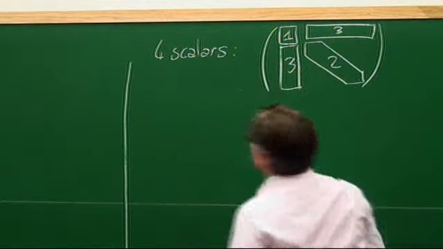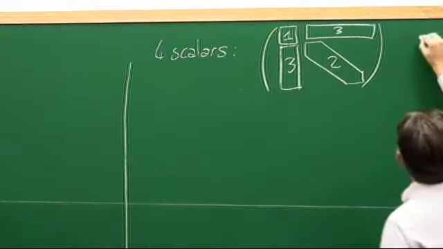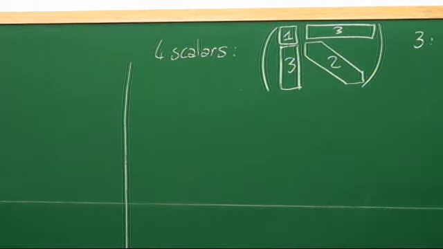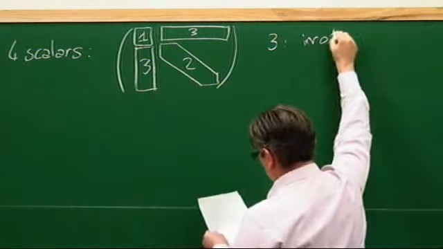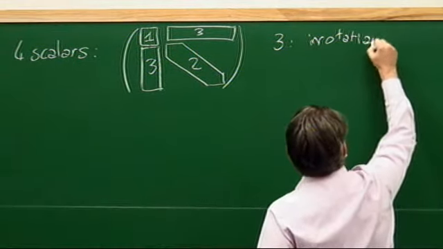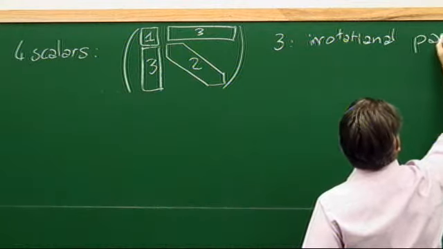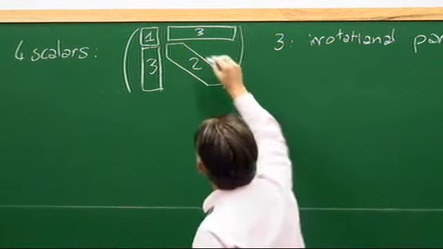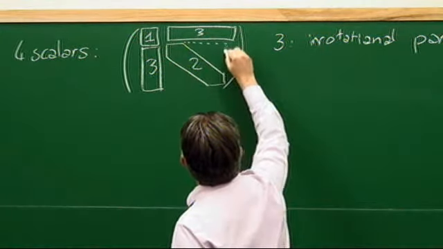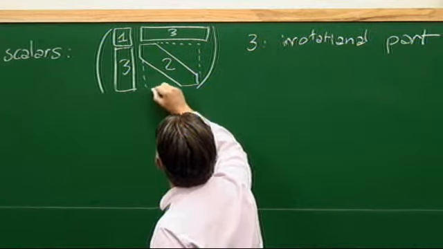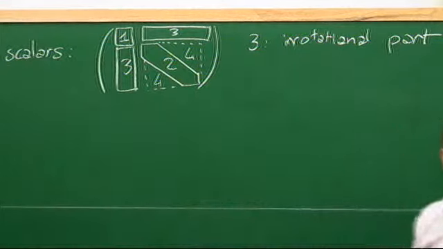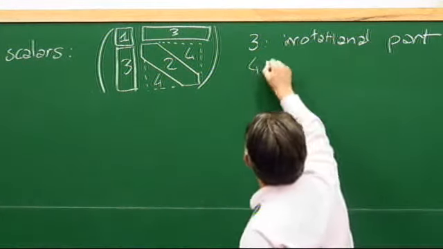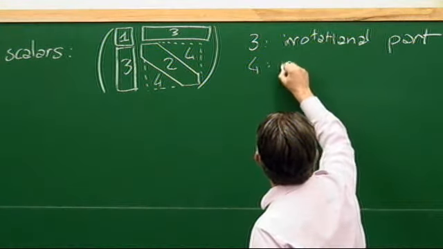In this part, I have a 3-vector, and this vector has an irrotational, divergence part. And finally, in the traceless tensor which remains here, there is a fourth scalar function hidden in the irrotational, divergenceless part of the tensor.